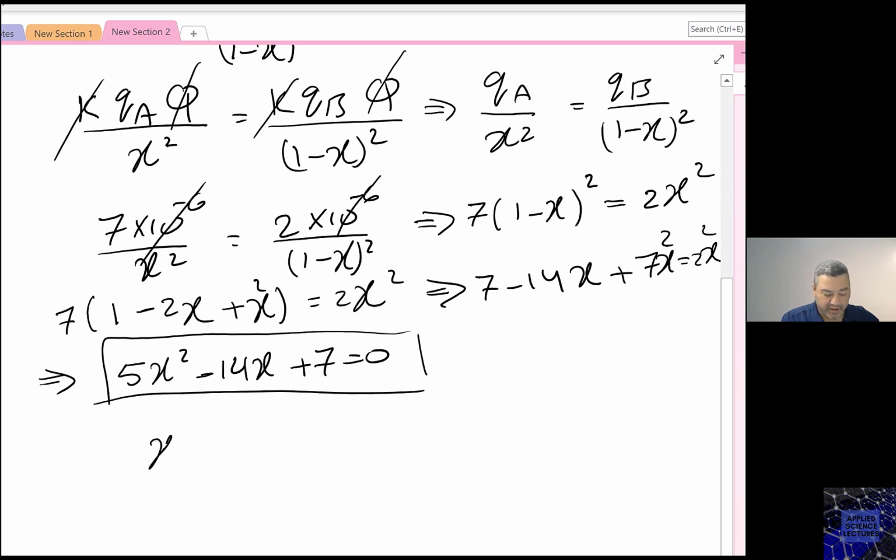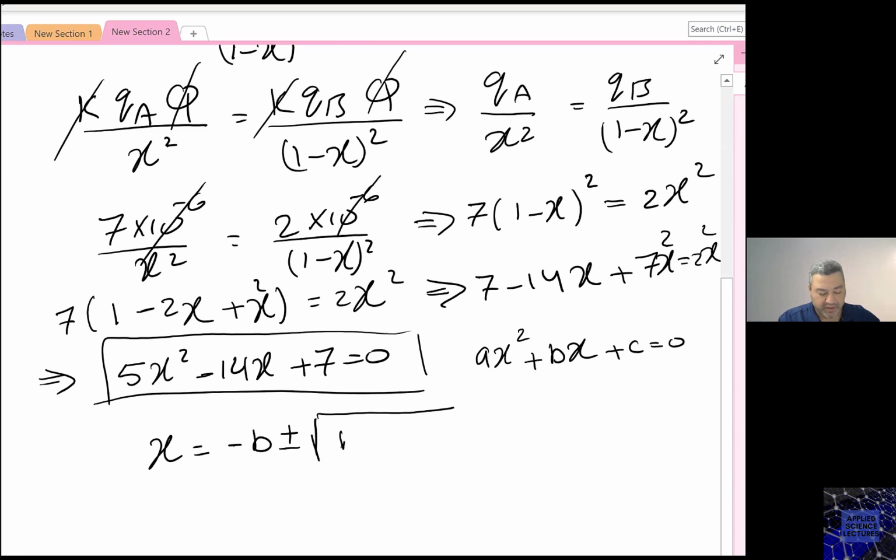So I have X equals minus B. Just to refresh your memory, if this one is A X squared plus B X plus C equals 0, the solution would be minus B plus or minus square root of B squared minus 4AC, divided by 2A.